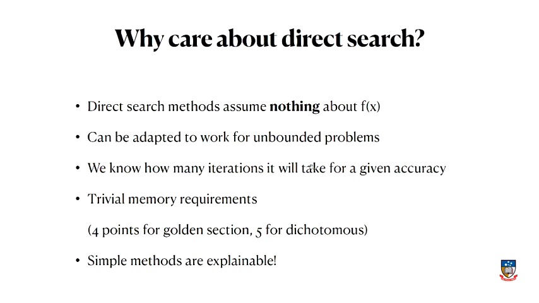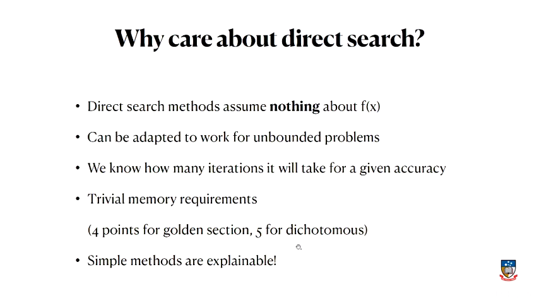It also doesn't take any memory, right? You don't actually have to store anything much at all. When you look at the code for the golden section search, all I had to store was 4 function values at these 4 points in the interval. And it's only 5 for the dichotomous search. So there's nothing to actually store.